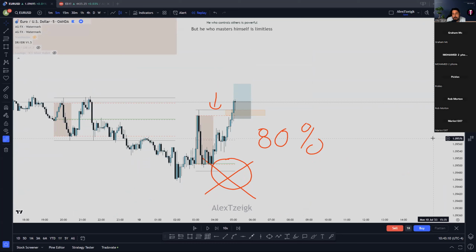We do it because our mind needs to believe in what we're going to trade. And the only way for us to believe is to see it many times.